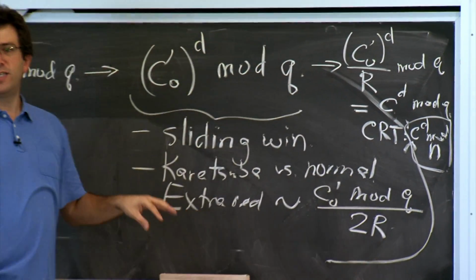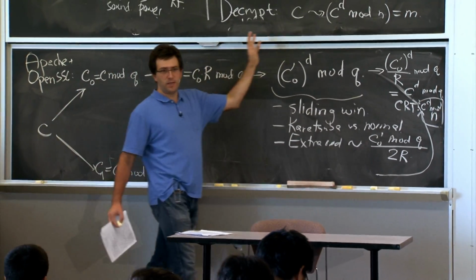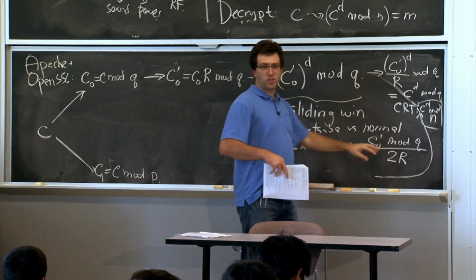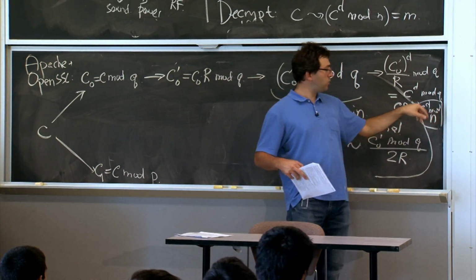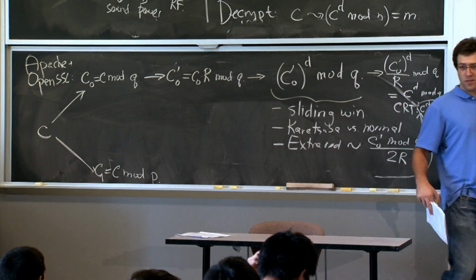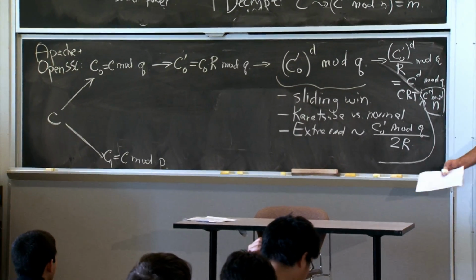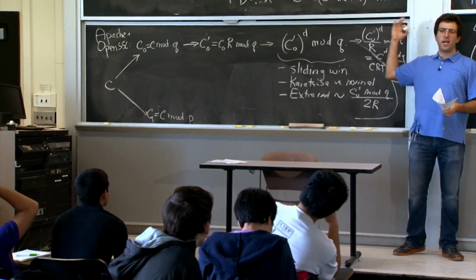So the server takes an incoming packet, runs it through this whole pipeline, does two parts of this pipeline, ends up with a decrypted message m that's equal to c to the d mod n, and then it's going to check the padding on this message. In this particular attack, because we're going to carefully construct this value c, the padding is not going to match up.